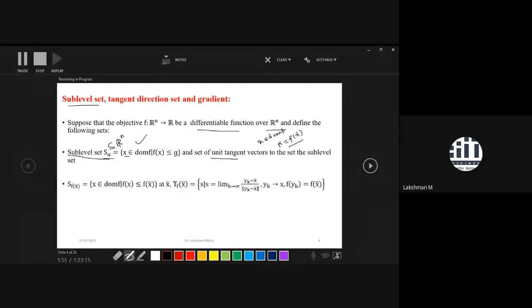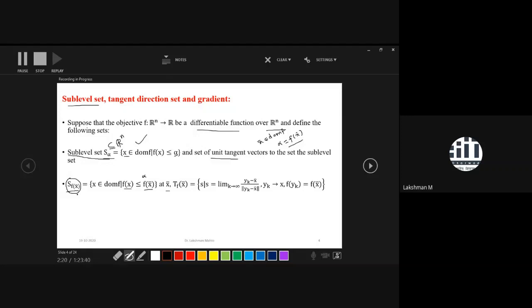Now with respect to this alpha, you will define a sublevel set. That sublevel set we will call S of f of x bar. This notation is for the sublevel set. That means it is a collection of all the domain points such that f of x is less than or equal to this specific alpha, where alpha is the image of x bar.